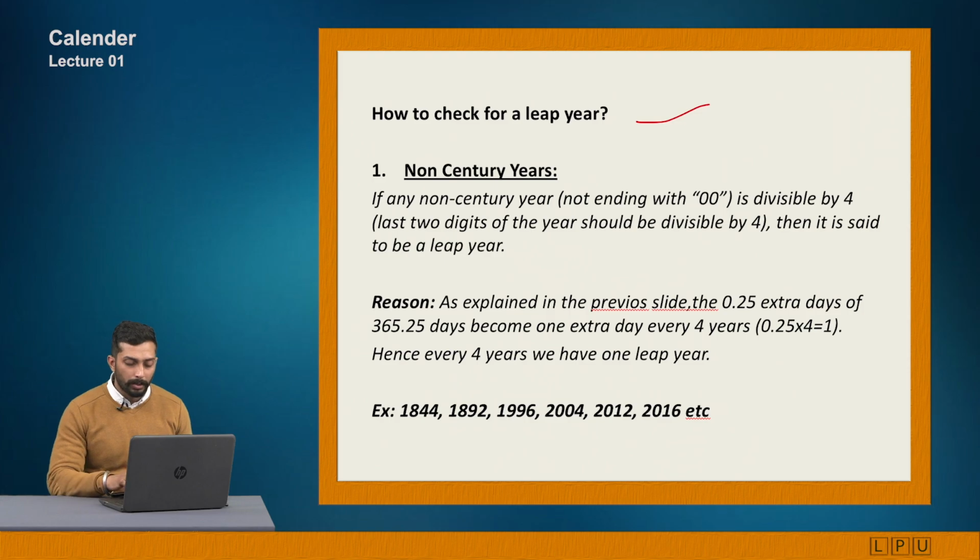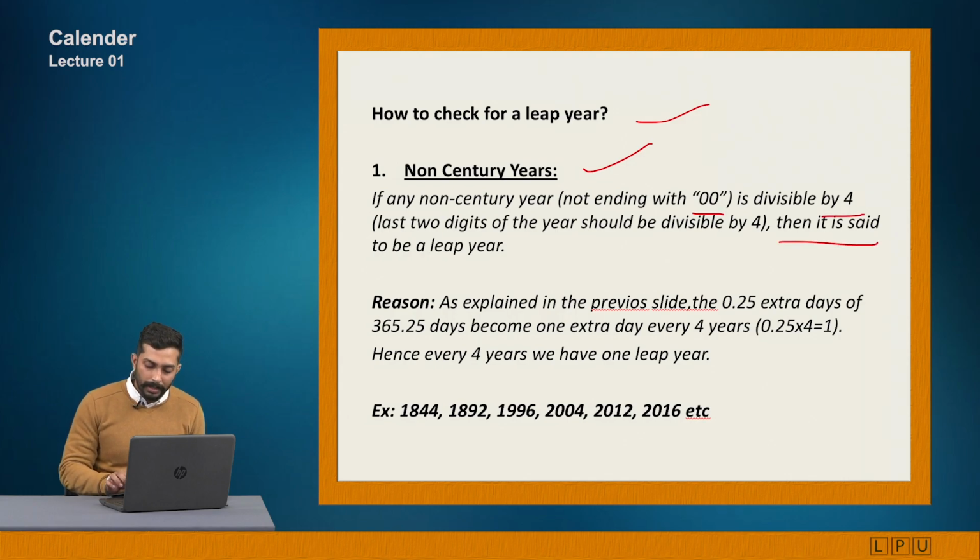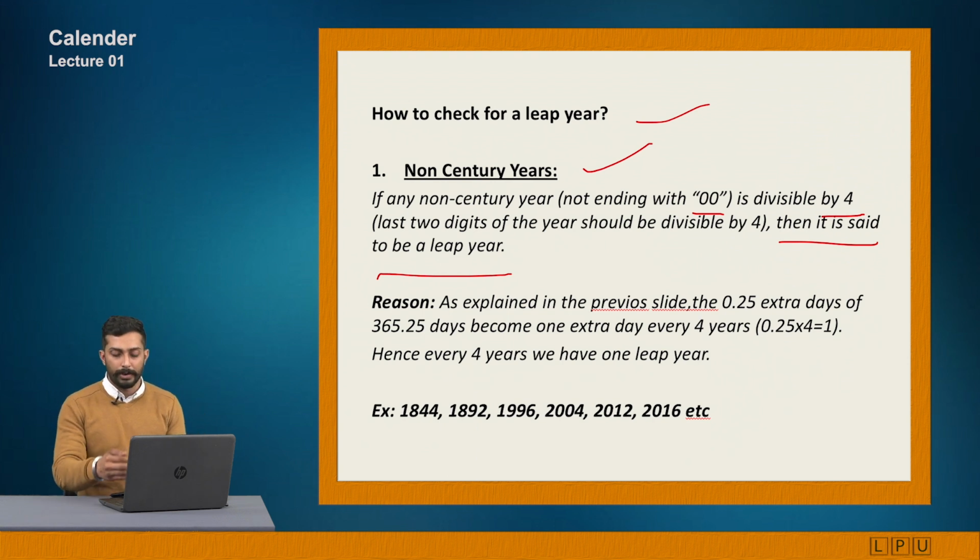After that, how to check a leap year for a non-century year? If a non-century year is not ending with double zero and is divisible by 4, then it is said to be a leap year.